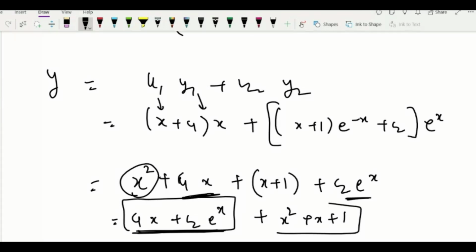So this is our particular integral. So this is our final solution, and the method of variation of parameter is as simple as the other methods. You just need to know what the CF is first. If you know the CF, then you can find the solution by using the method of variation of parameter.